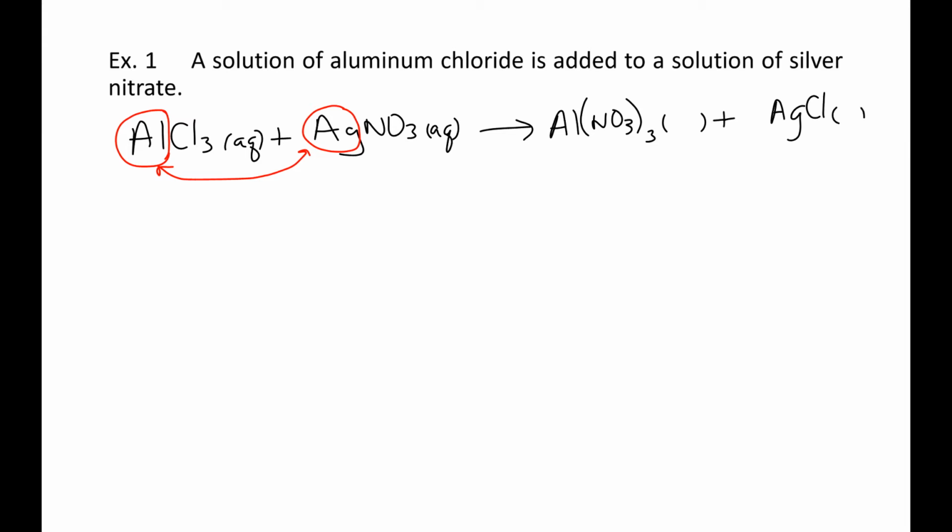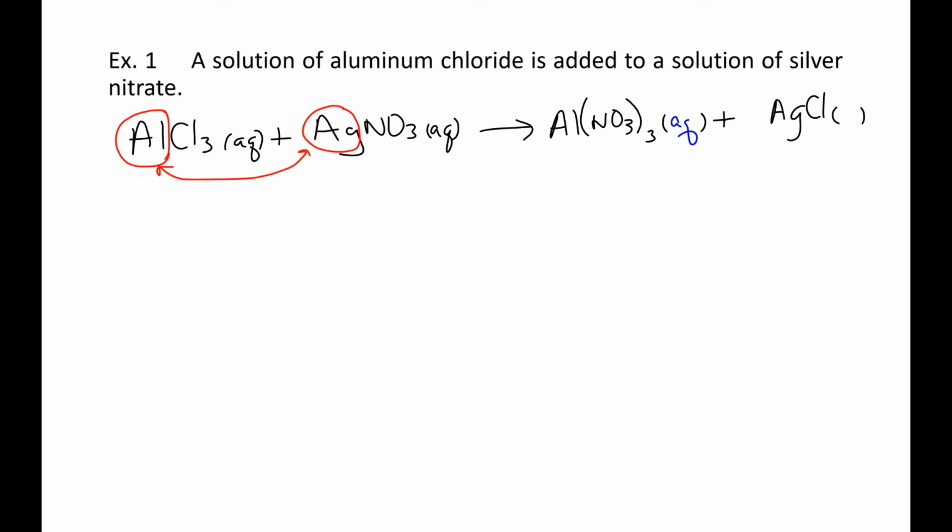Now, the thing is, I'm not going to worry about balancing yet until I find out if one of these two is a precipitate. If they're both aqueous, then we don't have to balance it. Okay, so we look up on our chart aluminum and nitrate, and we find that this one is aqueous. Okay, not going so well, is it?